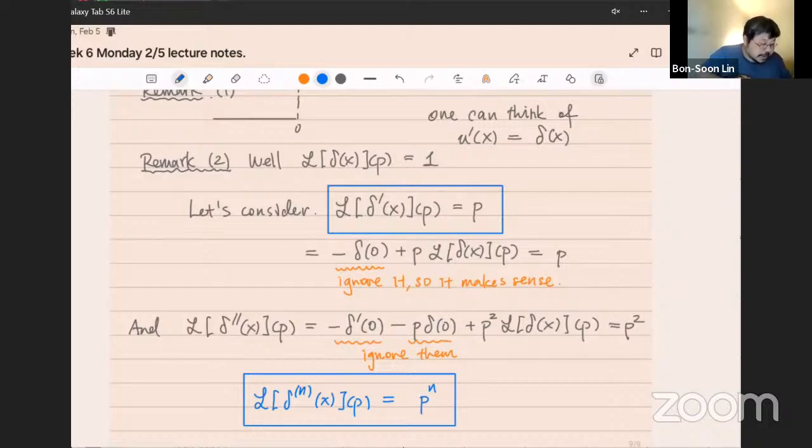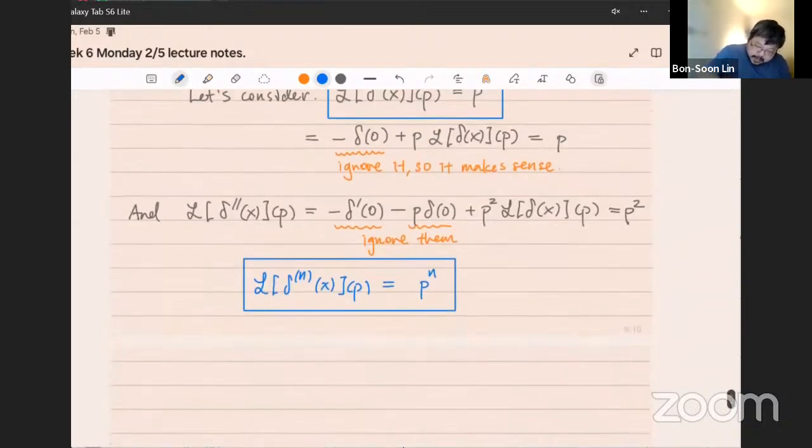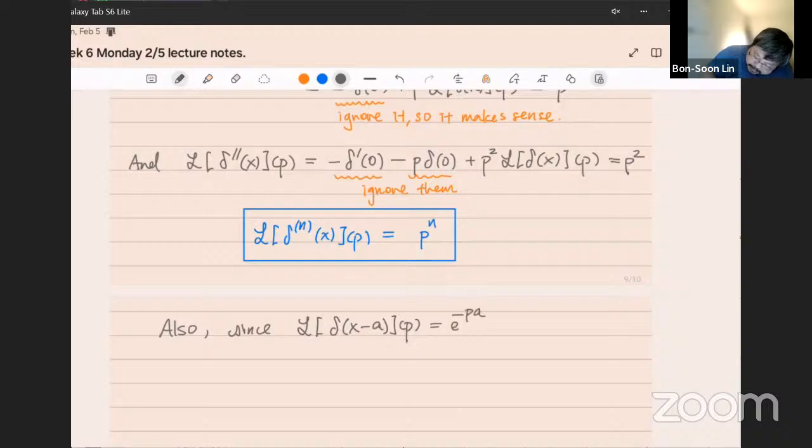All right, and let me just add one more; you can play the same game to verify. Also, since the Laplace transform of delta of x minus a is e to the minus pa when a is positive, we can also calculate the Laplace transform of the nth derivative of delta of x minus a.